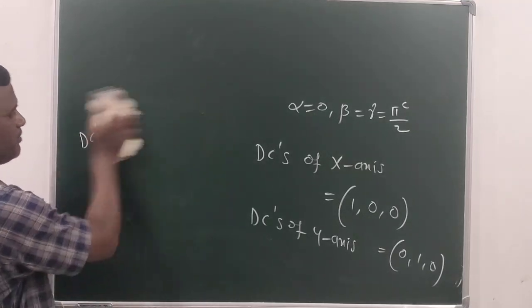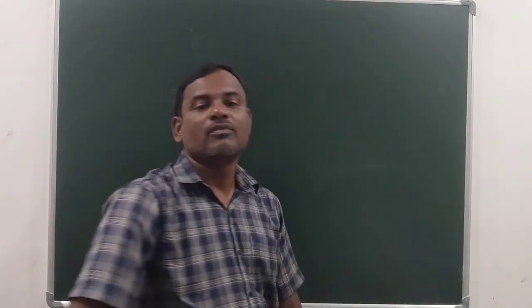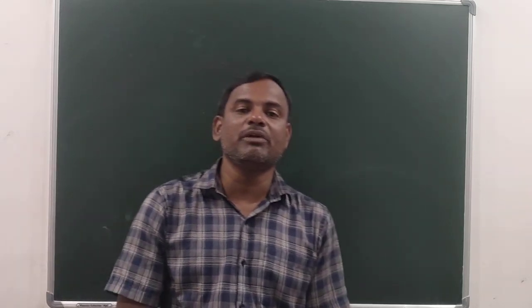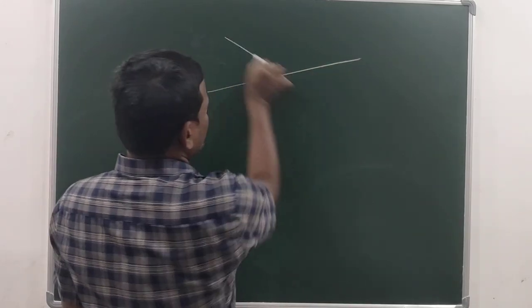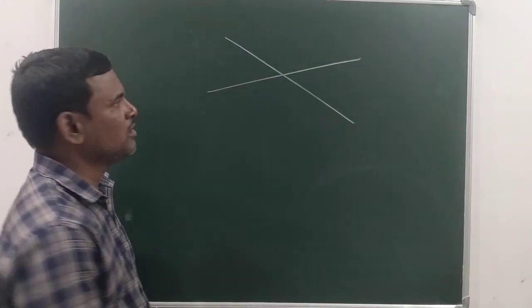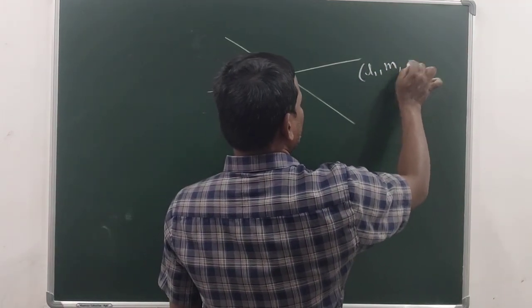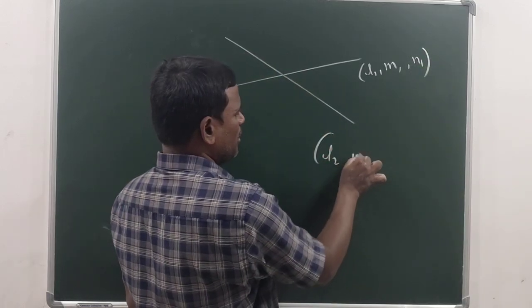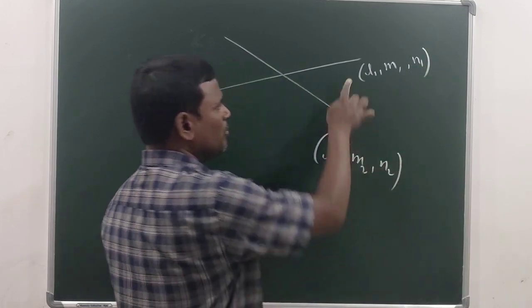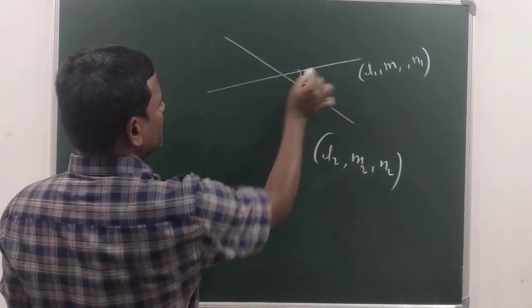Remember this point also. See, students, hereafter you would have to find the angle between two lines whose direction cosines are given. There are two lines whose DCs are given like this, L1 comma M1 comma N1 and L2 comma M2 comma N2, and they are asking us to find the angle between them.